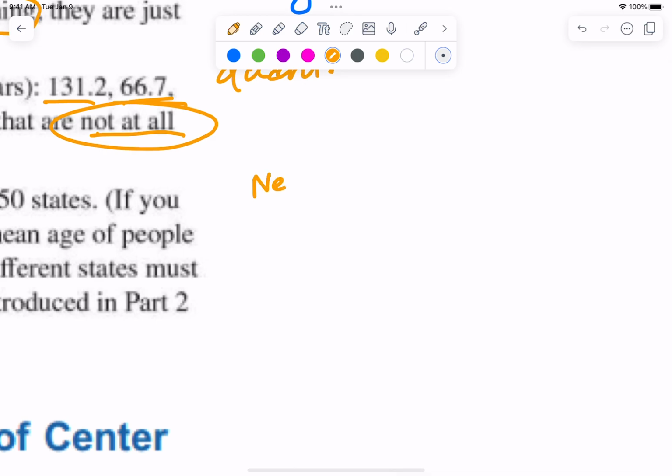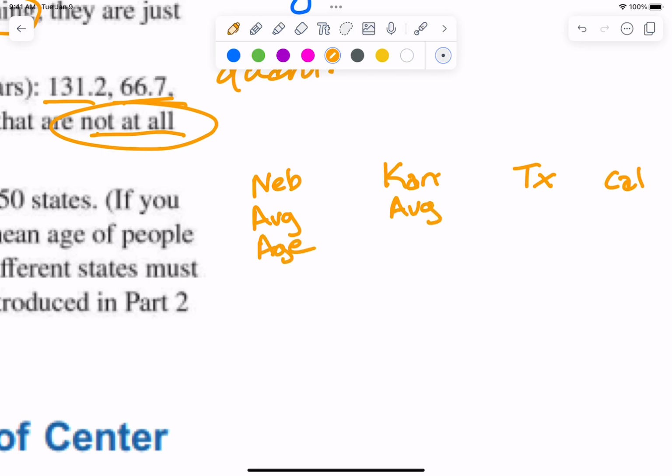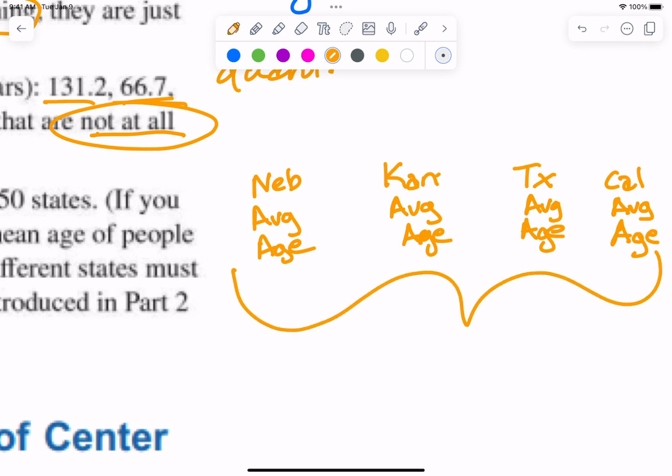So we have Nebraska, and we have Kansas, and we have Texas, and we have California, and they take the average age of people in Nebraska, and then they have the average age of people in Kansas, and then the average age of people in Texas, and then the average age of people in California, and then they average all of those together and they get one number. Okay? Why would that not be a good thing?